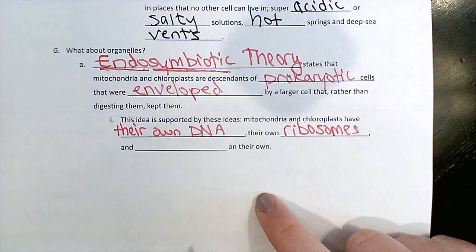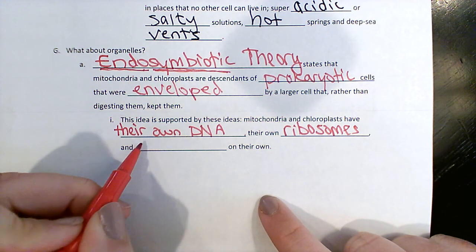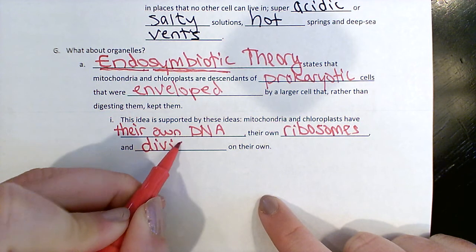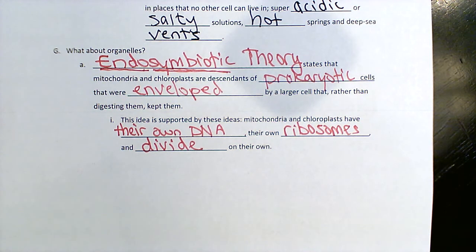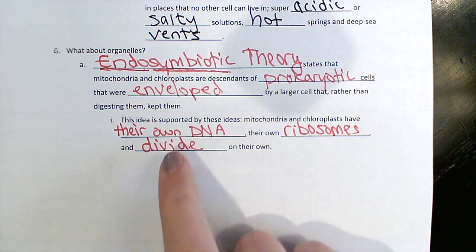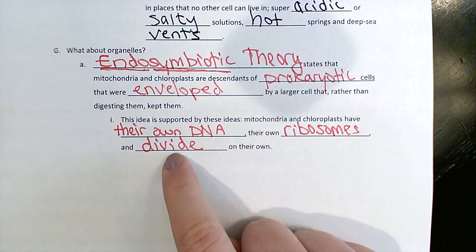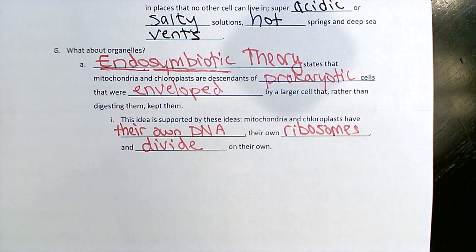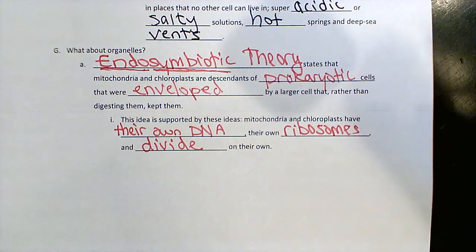And this is the one that I think is maybe the most interesting. They divide on their own. All the other organelles, when the cell divides, the cell has to manufacture those organelles from scratch after the cell divides. But mitochondria and chloroplasts divide on their own. They copy their own DNA. They go through their own division process, completely independent of the rest of the cell.